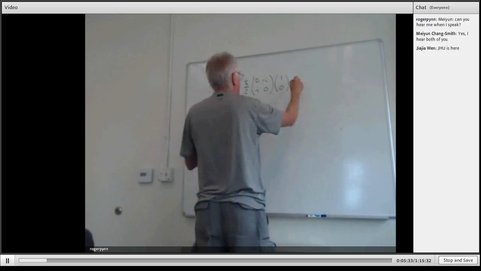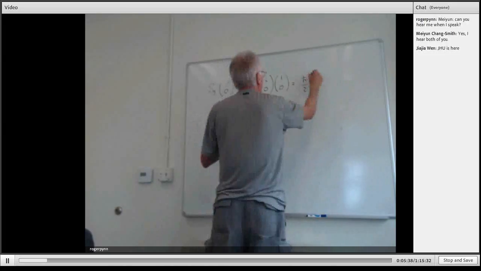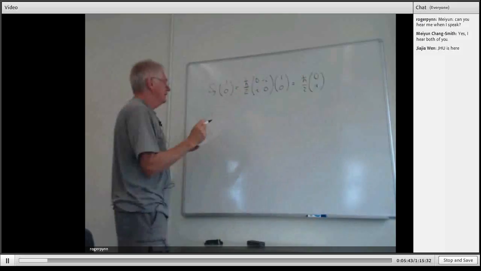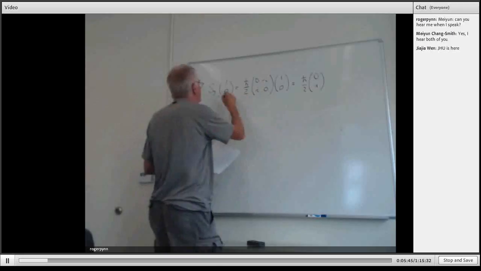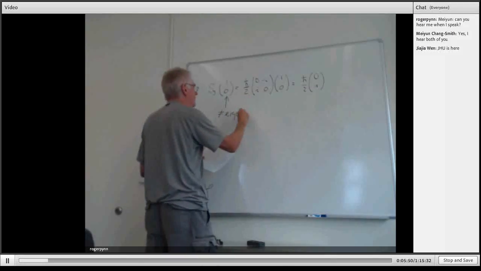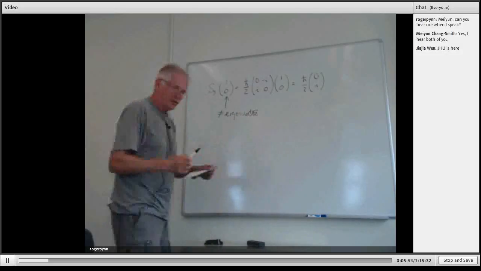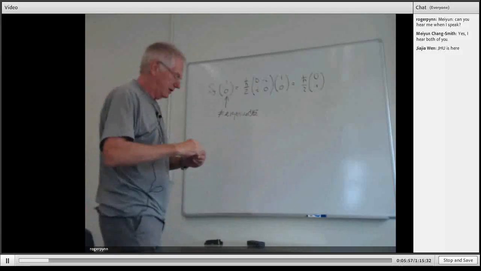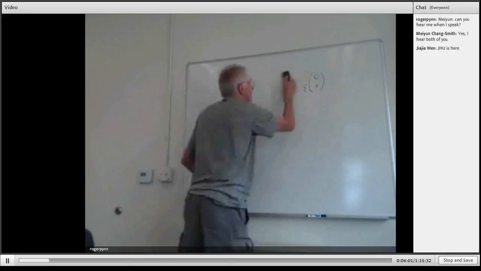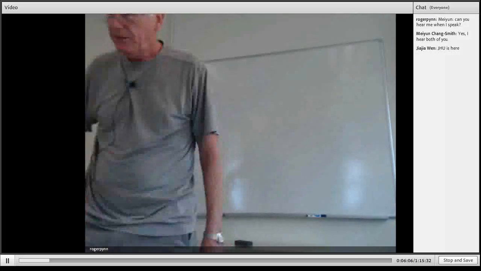And this will give you something like h bar over 2 times (0, i). In other words, this thing is not equal to an eigenvector of the Sy operator. So the state of the neutron is an eigenvector of the Sz operator, but not an eigenvector of the Sx and Sy operators.